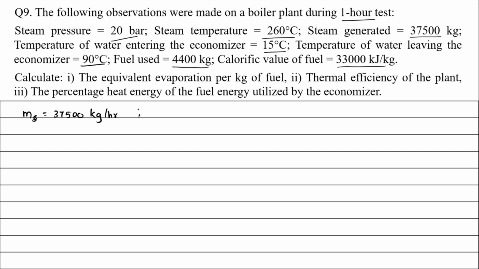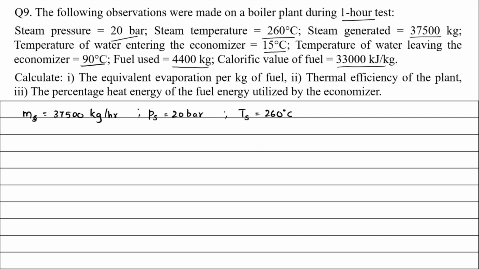Secondly, the steam pressure is given as 20 bar, so ps equals 20 bar. Then the temperature of the steam at the outlet is 260 degrees Celsius. We'll check our steam tables and see what condition the steam is in at this temperature.